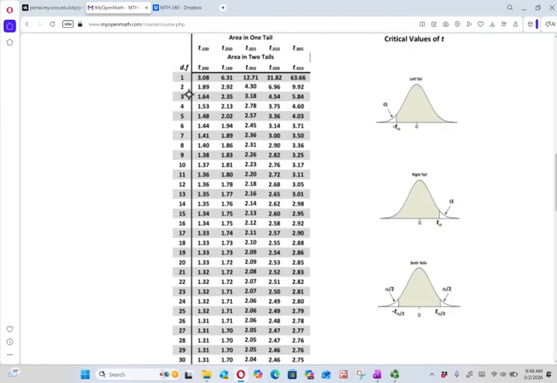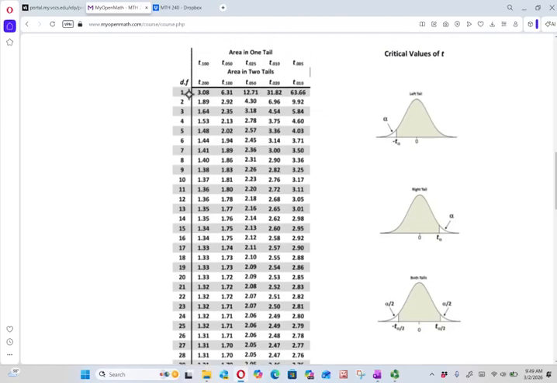It depends on the degrees of freedom. So that the area in one tail, here's 0.025, it's in the middle.